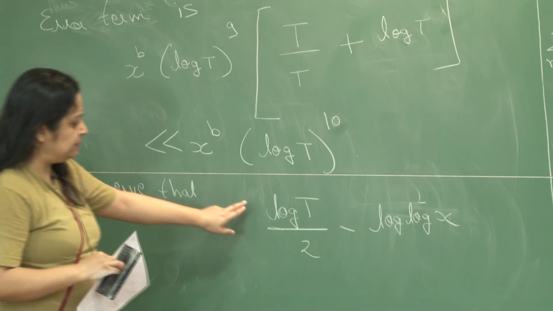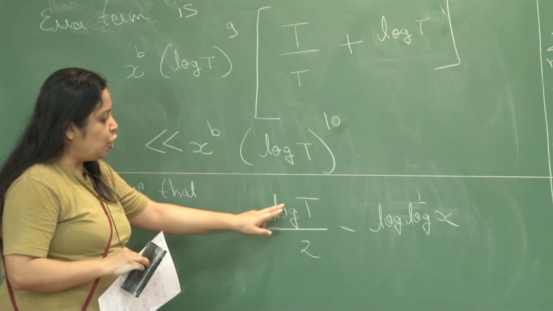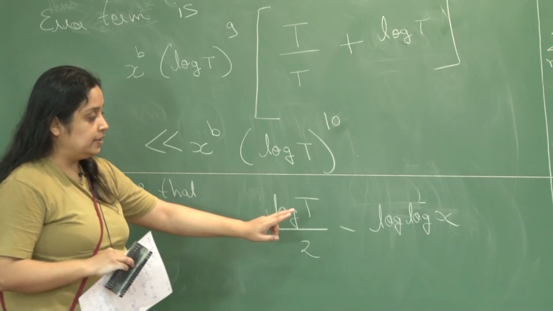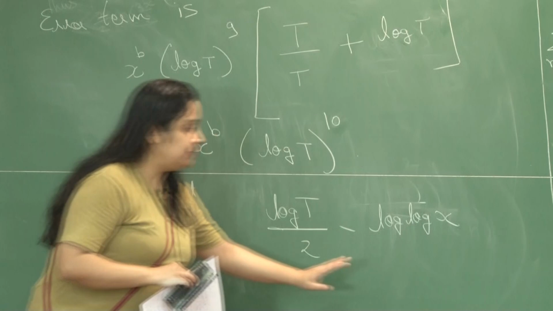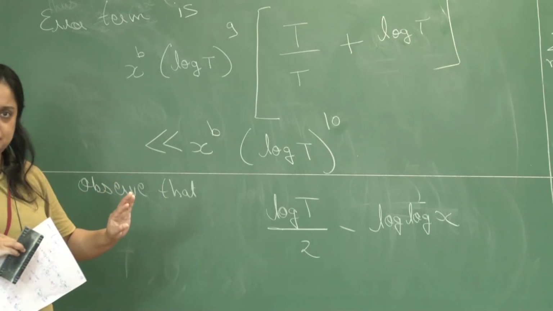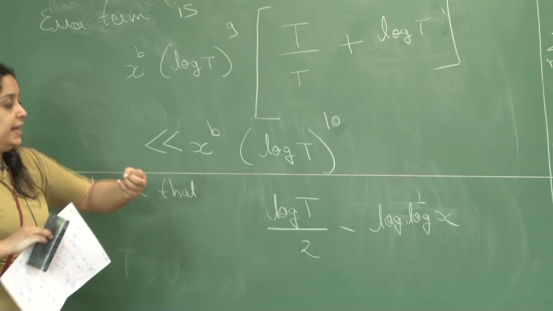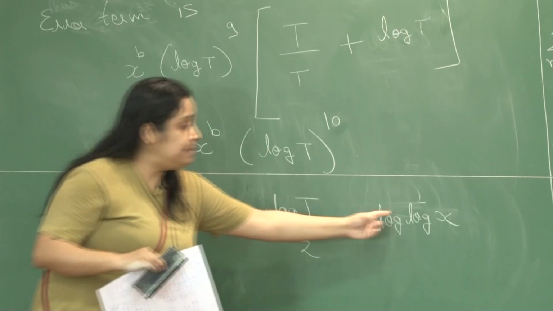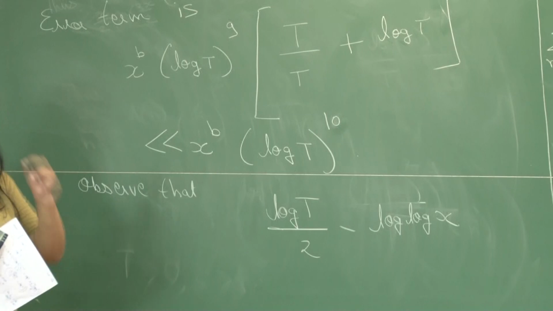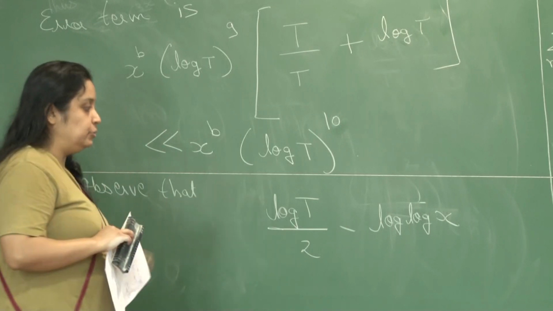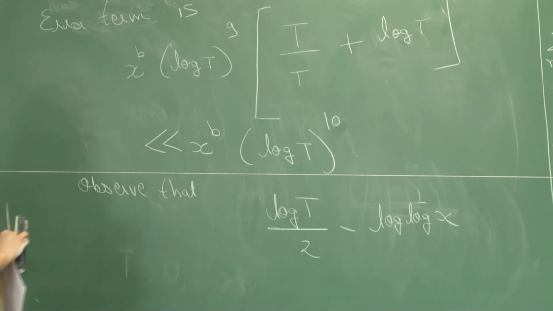So basically something which is O of (log x) raised to the 1/10. Subtracting log x from it will not make a very big difference because log x grows at a rate which is much smaller than any power of log x. This is one of the most fundamental properties about the logarithm function that we have studied.